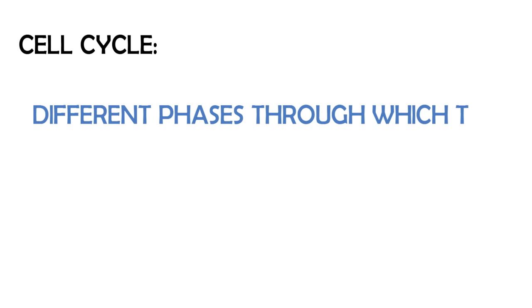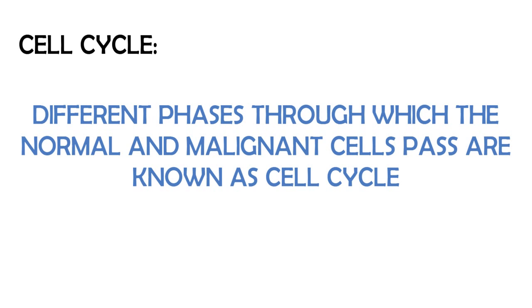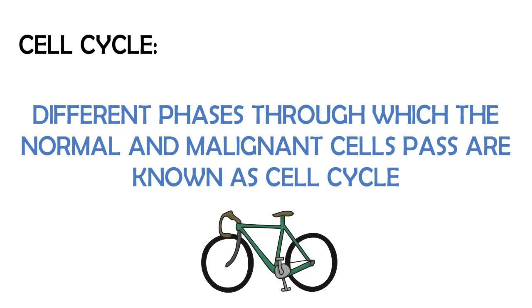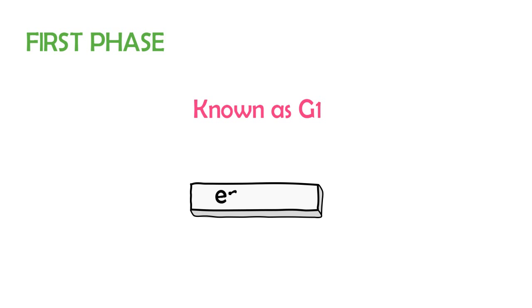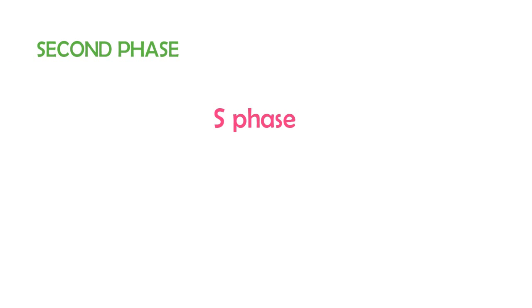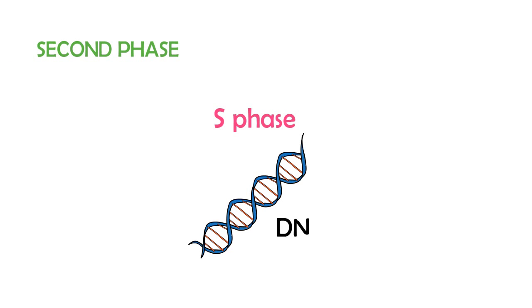Now a cell is going to undergo different phases, and these phases we can term as the cell cycle. Now we can look into the phases. First phase is known as G1, and during this phase different enzymes are going to be formed. The second phase is known as S phase, and DNA synthesis is going to take place.